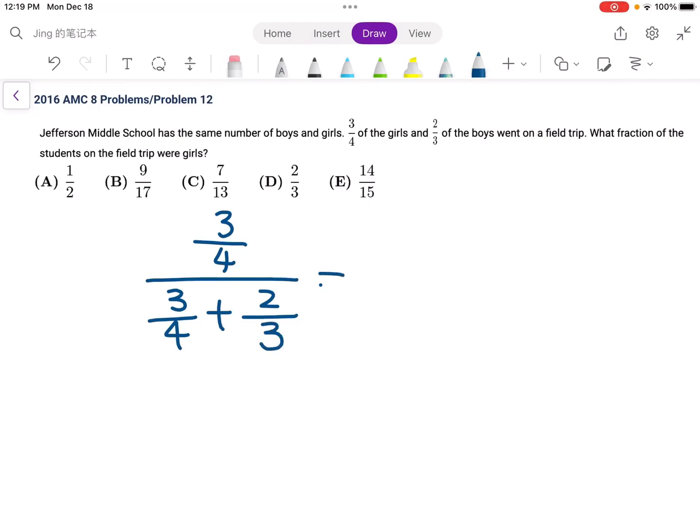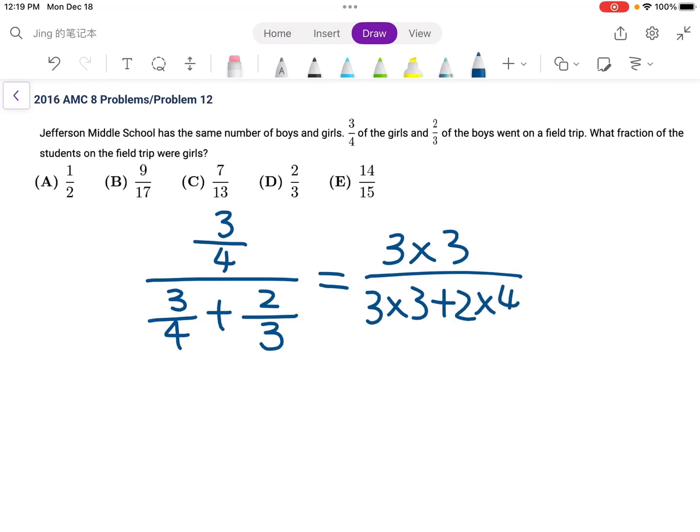And we multiply 12 to the numerator and the denominator, and the numerator becomes 3 multiplied 3. The denominator is 3 multiplied 3 plus 2 multiplied 4, and that's 9/17. The answer is B.